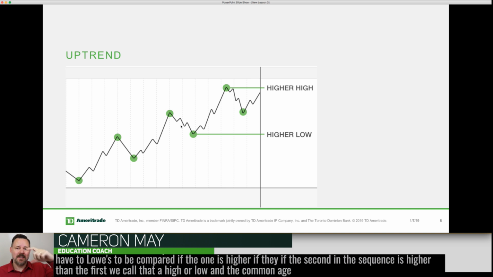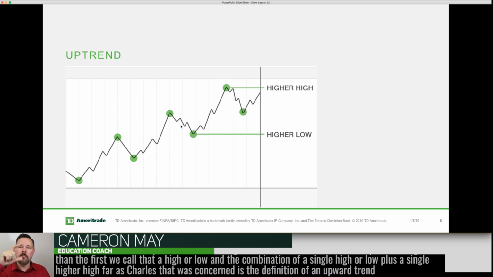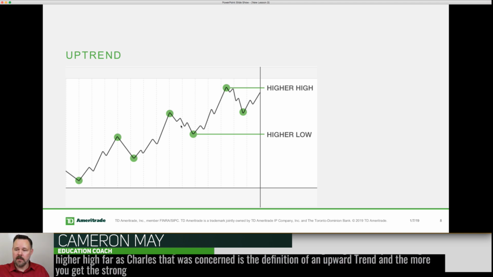And the combination of a single higher low plus a single higher high, as far as Charles Dow was concerned, is the definition of an upward trend. And the more you get, the stronger the trend. Okay? So that's the theoretical application of Charles Dow's proposition.